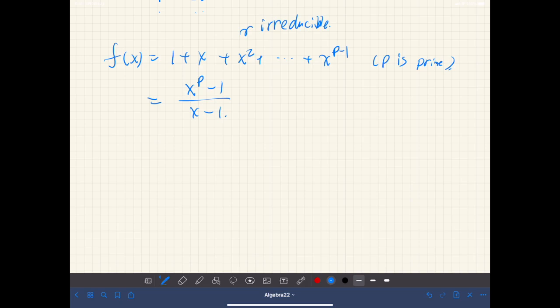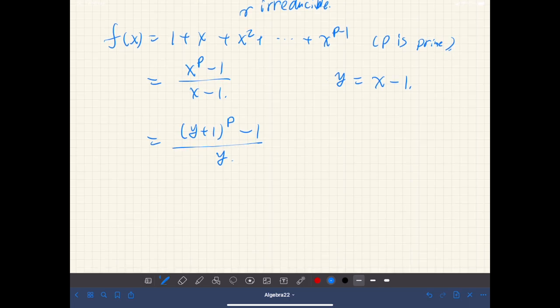Now let us change variables by setting, let's see, y equal to x minus 1. So we have (y plus 1) to the power of p minus 1, divided by y.